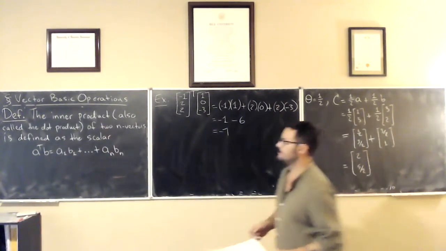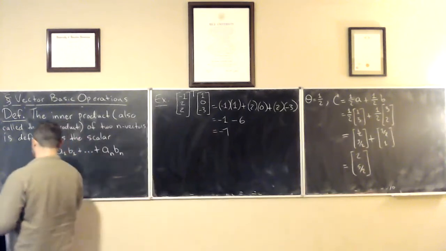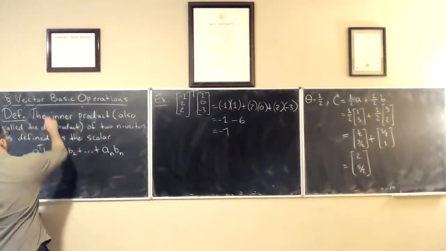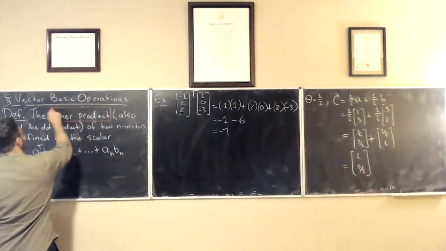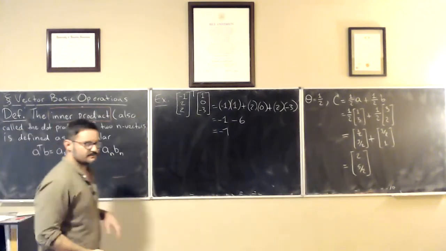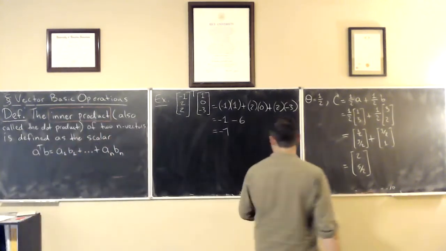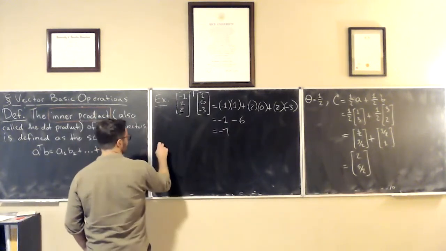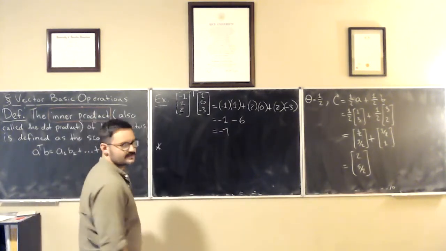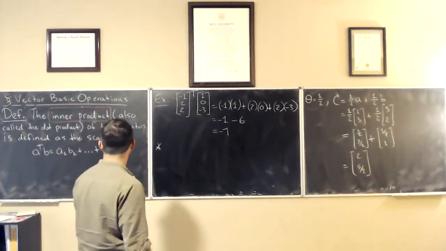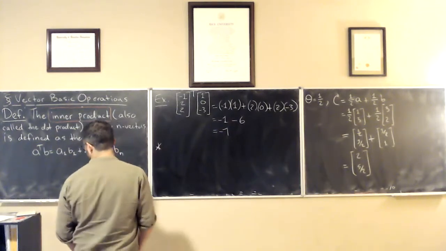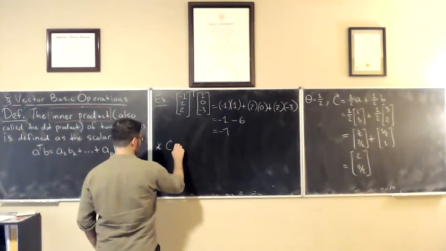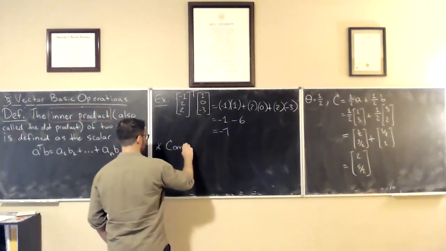Okay, so as I mentioned before, when we're defining operations on vectors and matrices and pretty much anything in this class, we do need to make note of the properties that these operations obey. In particular, the inner product is commutative.